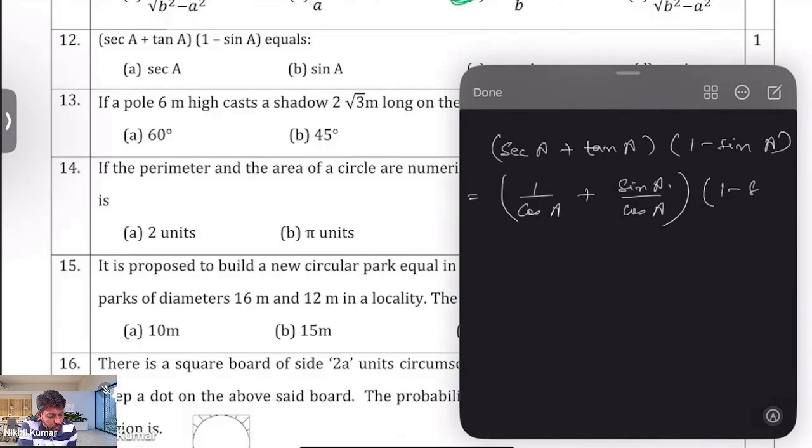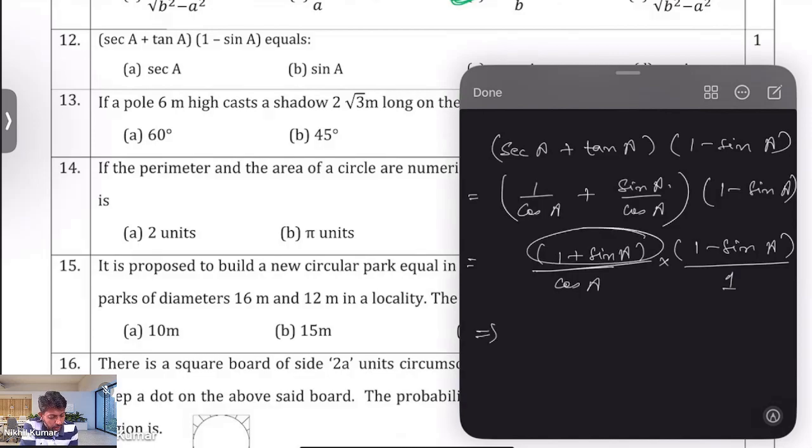And we have an extra term multiplied with this quantity. Let's simplify it further. We have cos A in the denominator and 1 plus sine A in the numerator. We have 1 minus sine A here, and this is 1 in the denominator, and so we essentially have to multiply this and this.